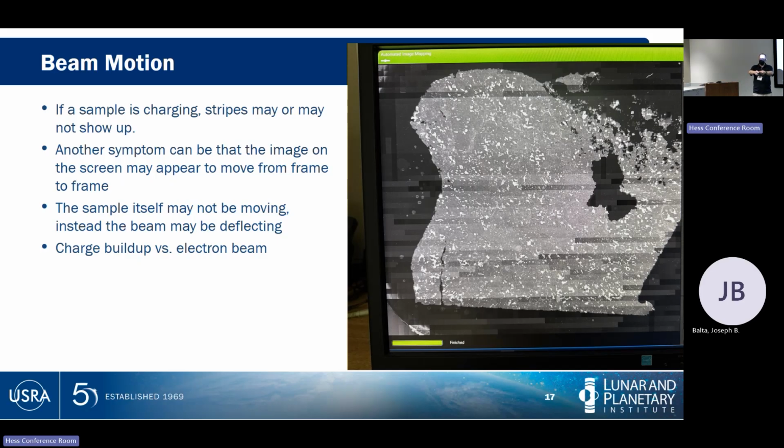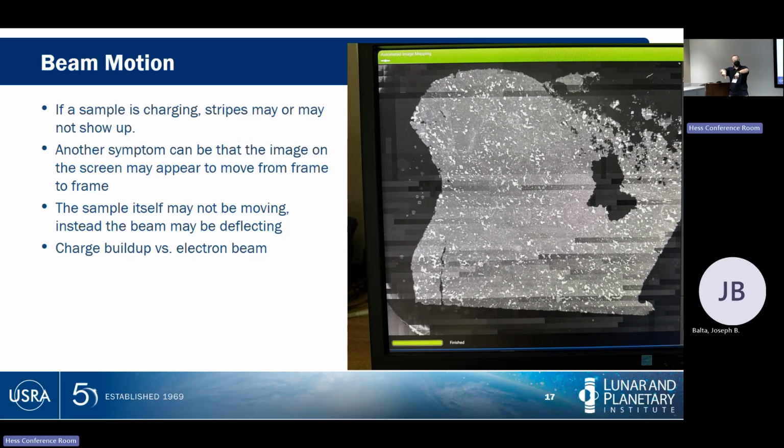This may mean that if you try to do an image mosaic like is done here, that one frame and the next frame don't line up because as it moved across, it was deflecting in different directions from the charge. The other symptom of this that you may see is that you focus nicely on an image frame and suddenly it seems like your material is moving. So, my image seems like it's drifting downwards.